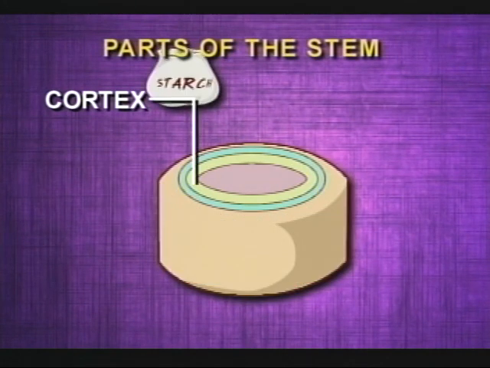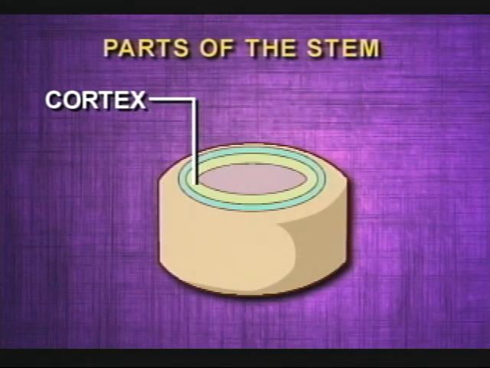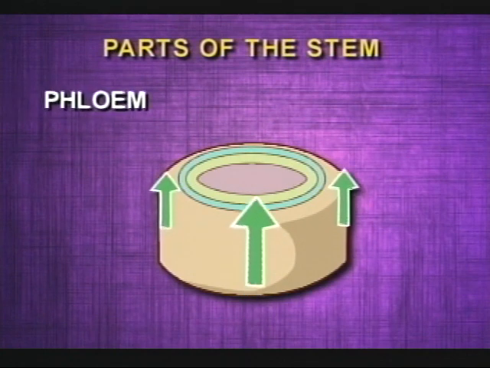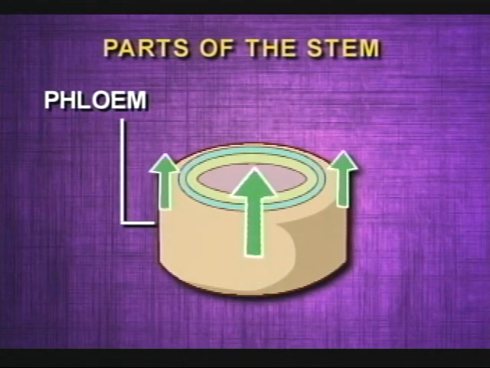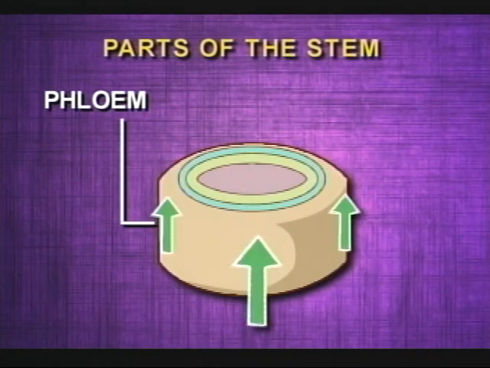The cortex, found next to the cork cambium, stores nutrients. Next to the cortex are the phloem tissues, which transport organic nutrients produced during photosynthesis.